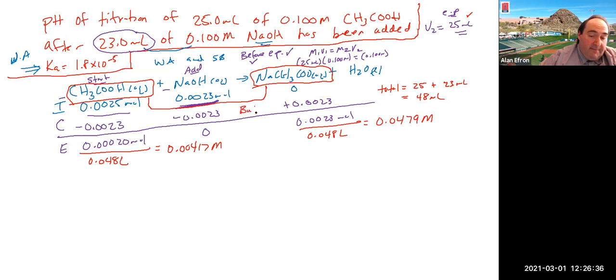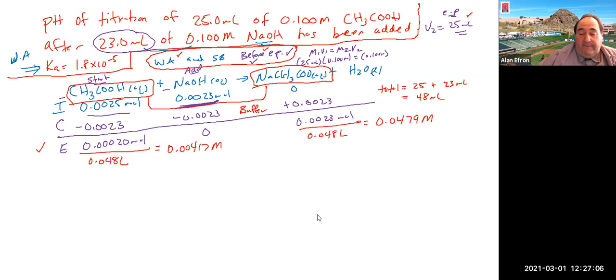And this is a buffer situation, which is what you should have known from those two pieces of information before you actually did any of the calculation there. So again, this is why thinking about what you're doing in these problems is important. So you can make sure when you get down here, you actually do end up with what you should have at this point. You didn't end up with something weird going on. Any questions at this part?